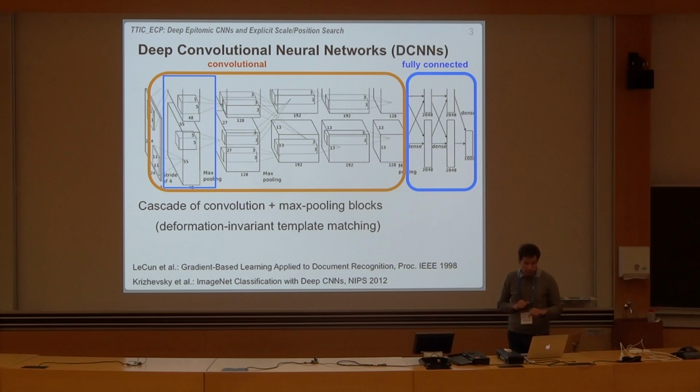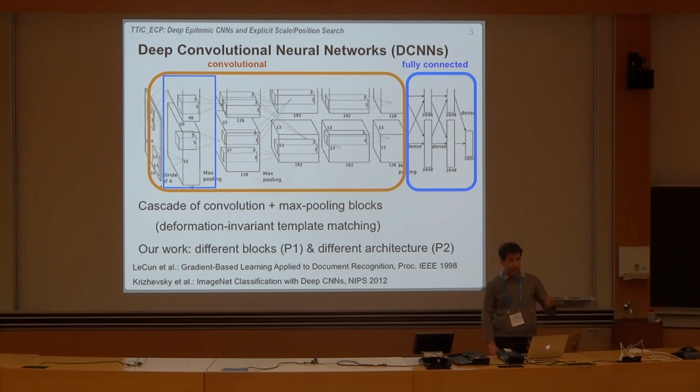So what I'll be talking about here is first taking the blue blocks out and replacing them with another way of doing this deformation-invariant template matching. And then in the second part, I'll talk about modifying the architecture so as to account for global scaling and translation during both training and testing.